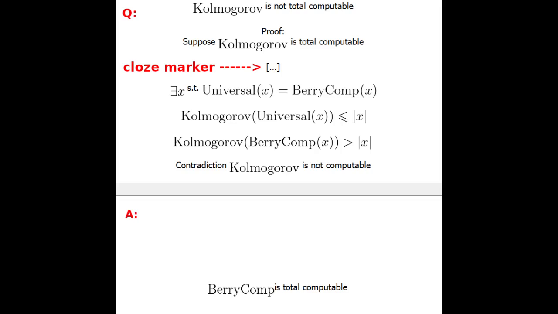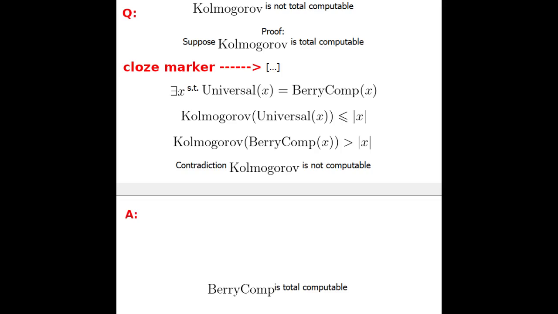And then there are two other statements that I prove separately: that Kolmogorov of universal of x is lower or equal to the length of x, and Kolmogorov of berry_comp is greater than the length of x. And then I've obtained that these two quantities are equal, yet one has a length lower or equal to the length of x, and the other has a length greater than x.